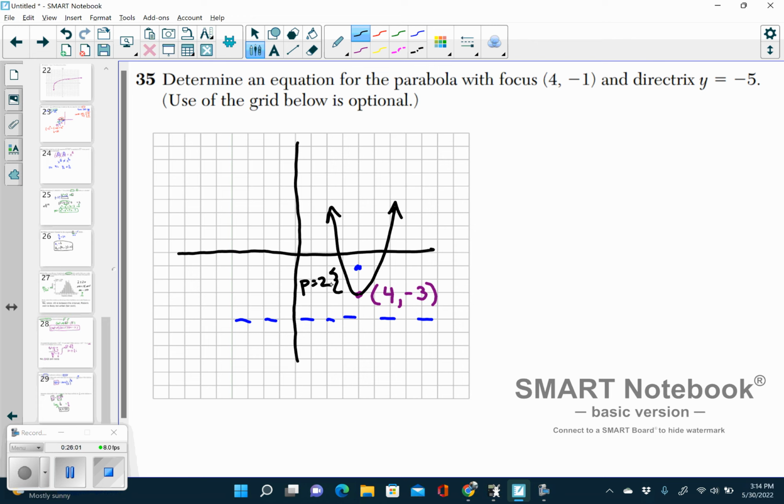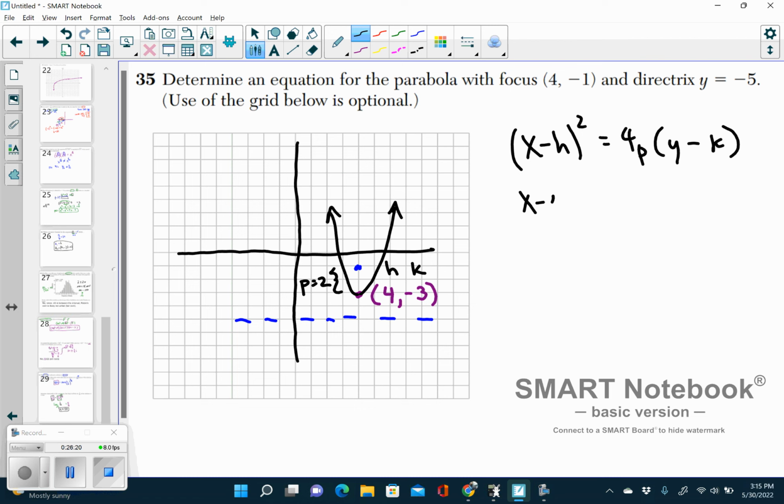So then I plug it into my little formula. The formula is (x minus h) squared is equal to 4p times (y minus k). So I'm going to take my answer. Here's my h, here's my k. I'm going to switch the sign. So this is positive 4.